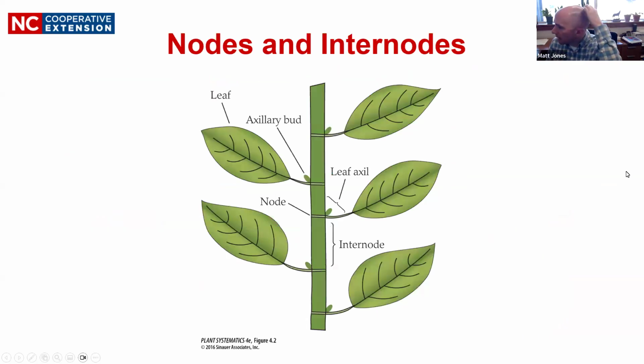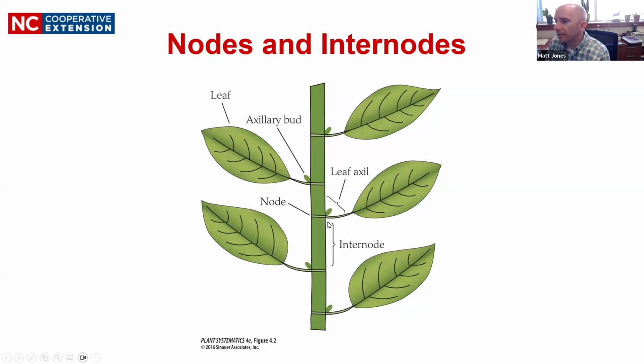Another concept to start off before we go into leaves, stems, and roots: in the above ground portions of plants, any point along a stem where a leaf is connected is called a node. And as we'll see later with leaf arrangement, the number of leaves per node causes the apparent arrangement of the leaves.